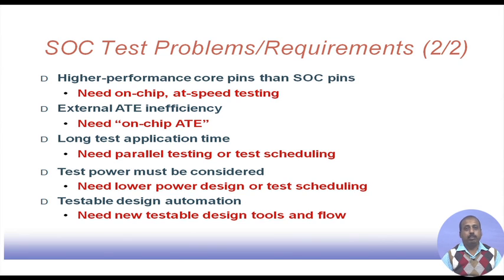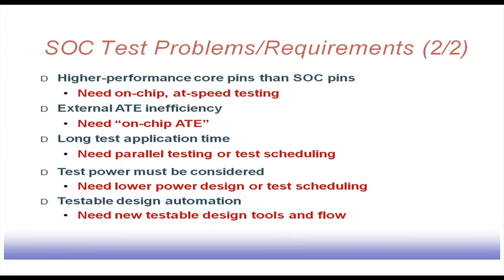Now, for a new design in my company, maybe I am doing a design at a high frequency, but the existing ATE is operating at a low frequency. So, I have to somehow test this chip with the available low frequency ATE, because ATE equipment is very costly. So, I cannot go for a new ATE just to test this new chip.